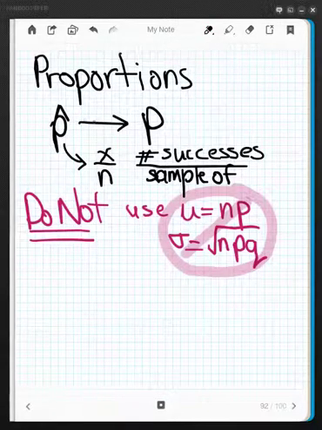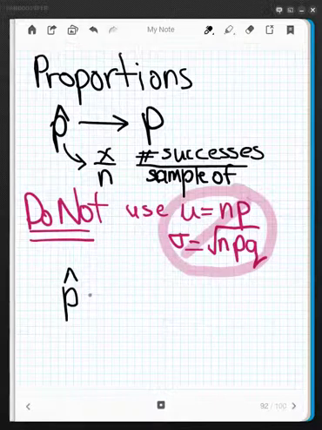This is a sample of size n. These p-hats are distributed normally, very much like our central limit theorem. So let me write down here our p-hats.